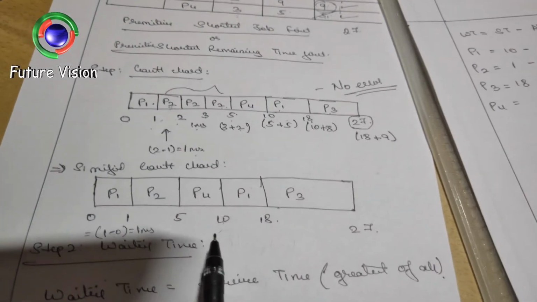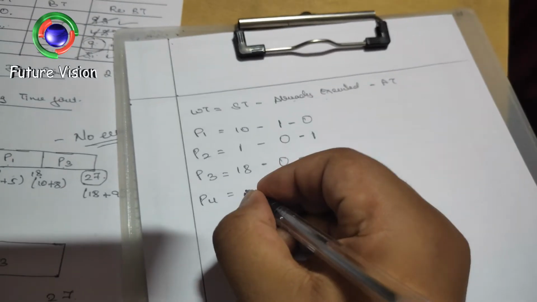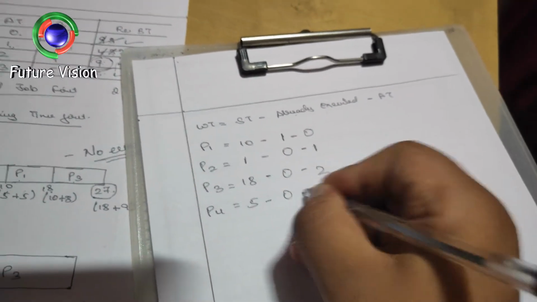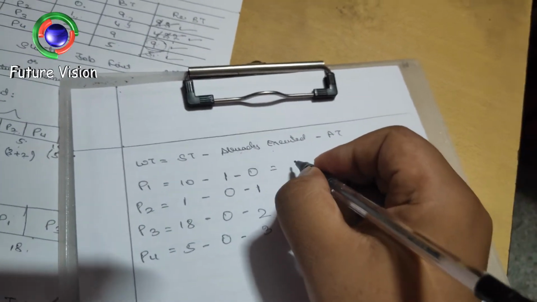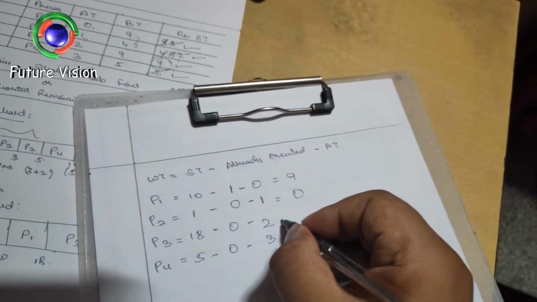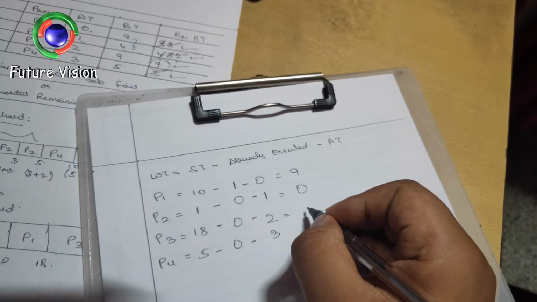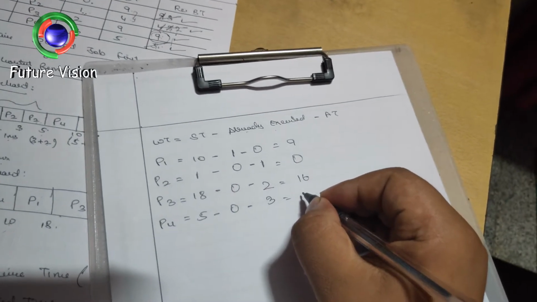There are no occurrences of two or more in the Gantt chart, so we simply take 5 as the service time of P4. P4 service time is 5 minus 0 minus arrival time, which is 3. We simply calculate here: 10 minus 1 is 9, 1 minus 1 is 0, 18 minus 2 is 16, 5 minus 3 is 2.